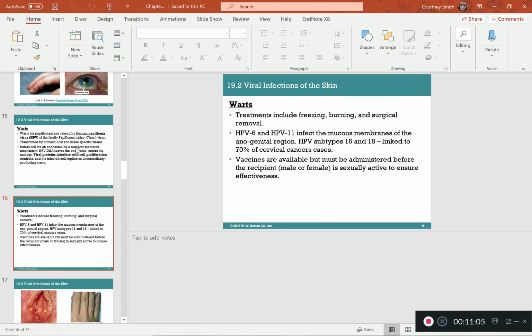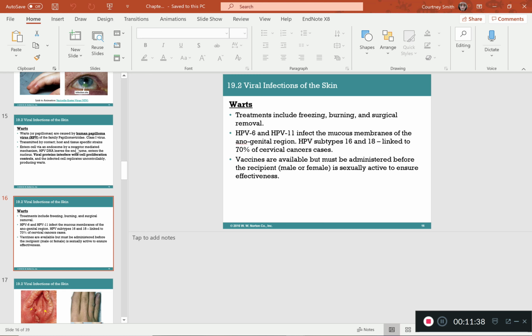With warts, there are some subtypes that are more associated with cervical cancer. That is why we have a vaccine available specifically against those HPV viruses, and that's Gardasil. Having the vaccine can definitely lower the risk of cervical cancer caused by HPV.